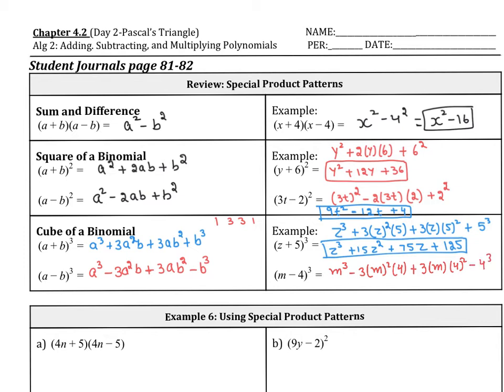And my final answer is going to be m cube minus 12m square plus 48m minus 64. So this is going to be your final answer for m minus 4 cube.